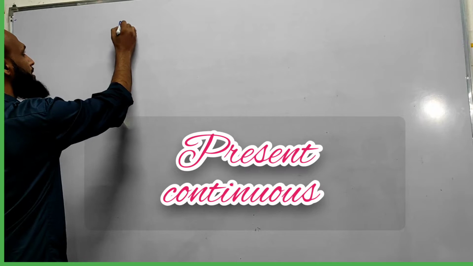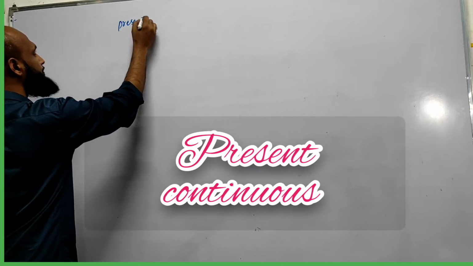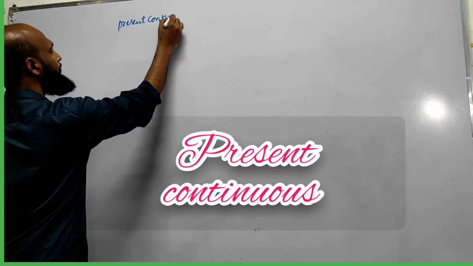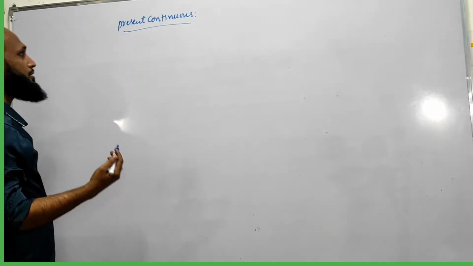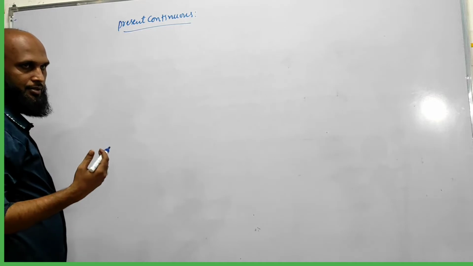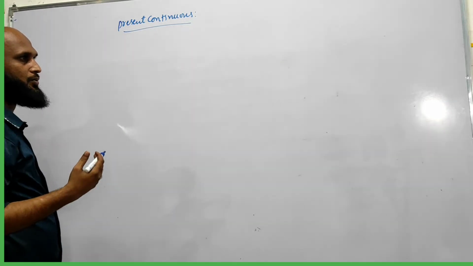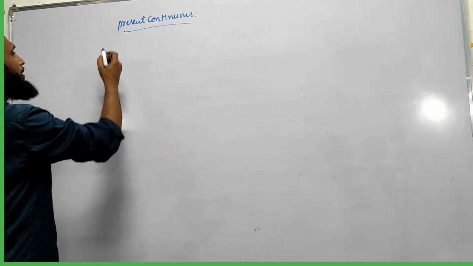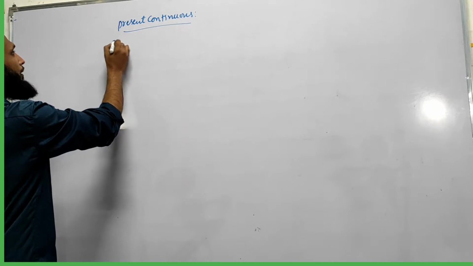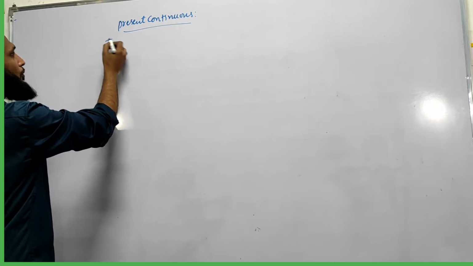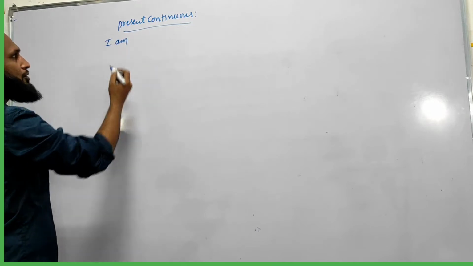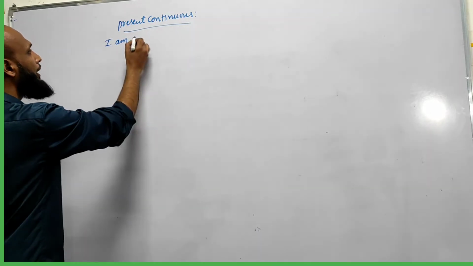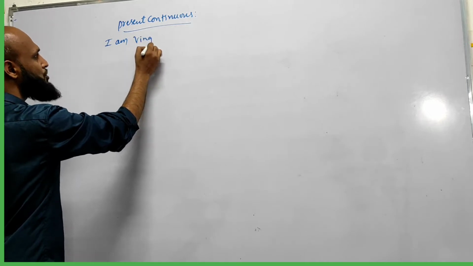Today's important topic is present continuous. Alright, now let us look at what are the main elements of present continuous that we are going to deal with. One is, I think you're aware of pronouns, I. I is a pronoun, and the helping verb that you're going to use is am and verb with ing.